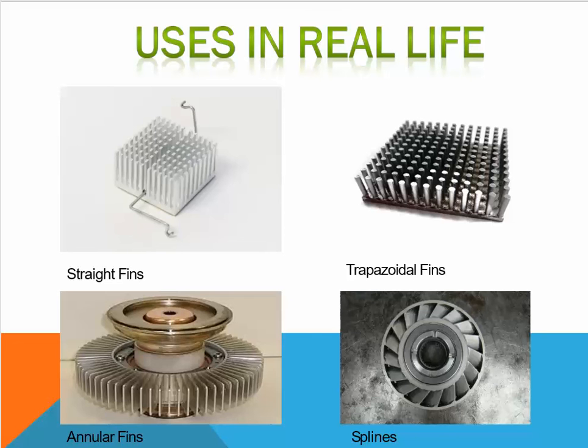This is the heat sink, which is mounted over the processor, by which the heat of the processor is rejected by the straight fins. Then we have trapezoidal fins. This is another type of fin by which heat is rejected by the system. This component is also used in electronic parts.